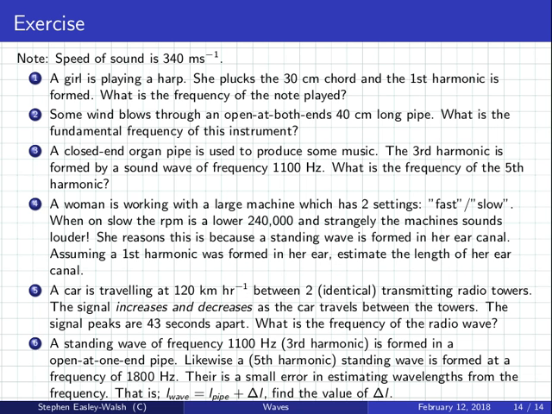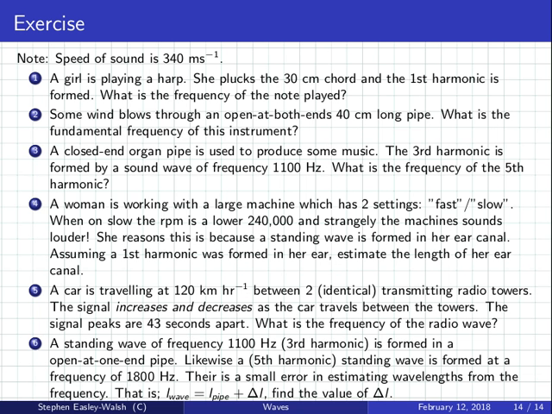How to do number 5 is a wonderful question. A car is travelling at 120 kilometres between two radio towers. And as they're travelling between the radio towers, the signal on the radio gets a little stronger and a little weaker.